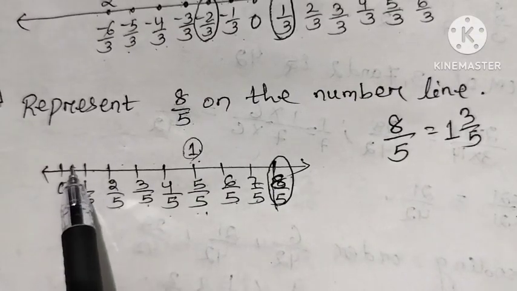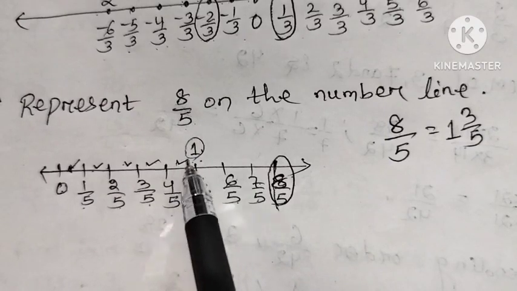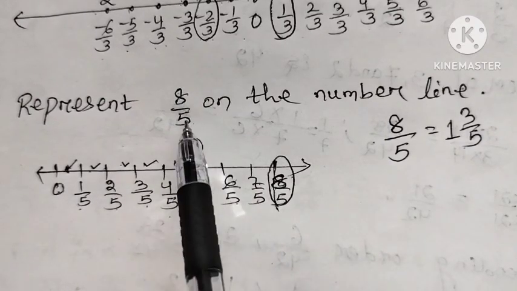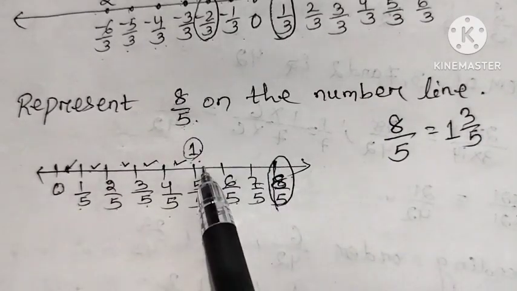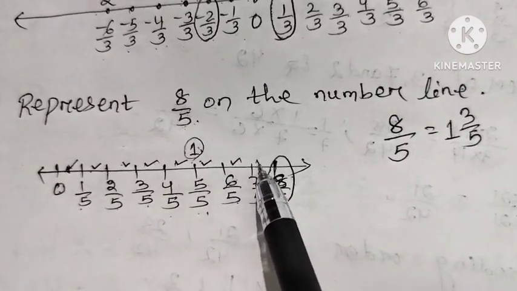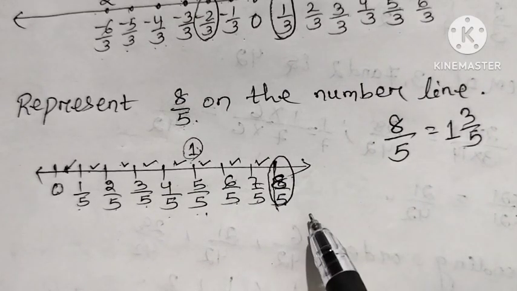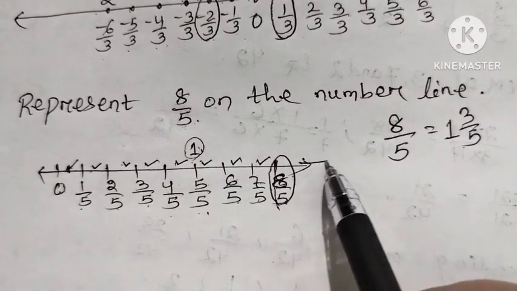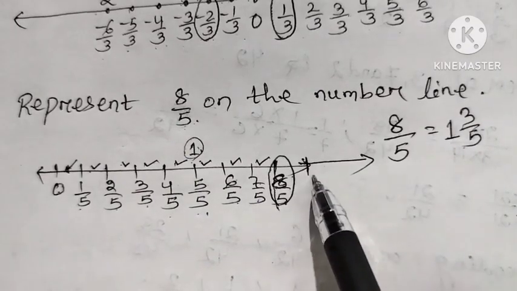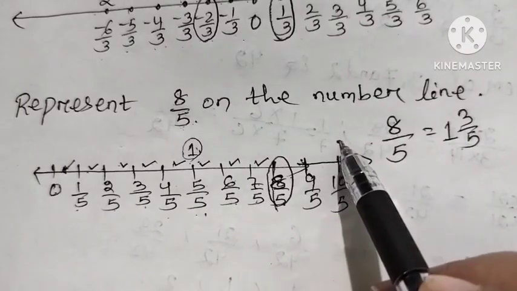Because it is more than 1, it continues: 8/5, then 9/5, then 10/5, and 10/5 is 2.